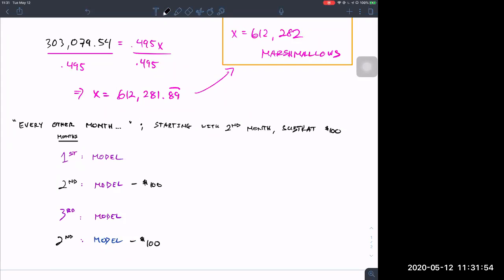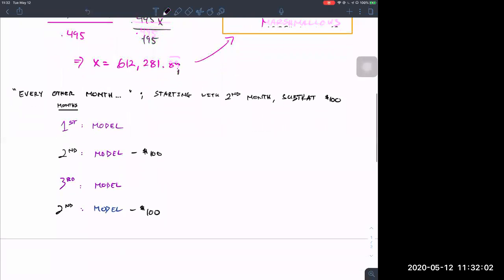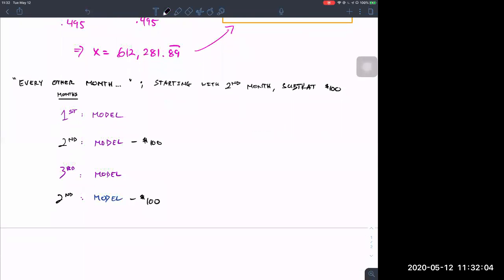And I forgot whether it was one of the sample problems for the final or one of the examples within chapter 3 where I introduce modeling, where I talk about every other, but it's literally just either an adding or subtracting of a number every other month, whichever I give you as the starting month. Normally I say starting with the first month, but I could say starting with the second month like this, subtracting 100.